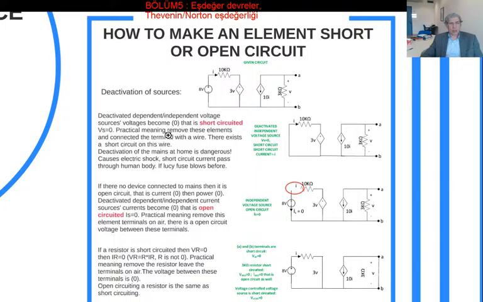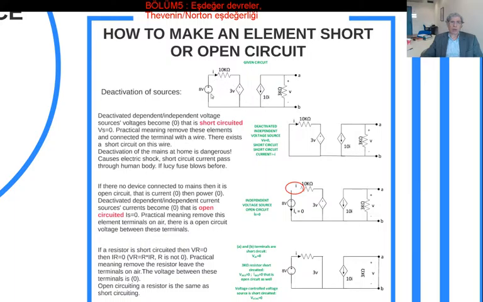The practical meaning of making the voltage zero is that you remove these elements and connect the terminals with a wire. This is what is done here. There is an independent voltage source here. When we are deactivating these independent sources, we remove them and put a wire between the terminals.